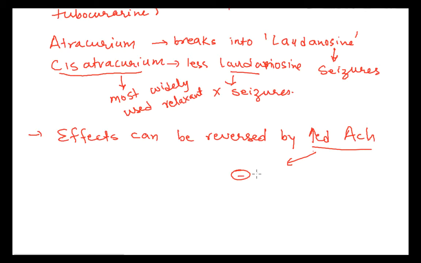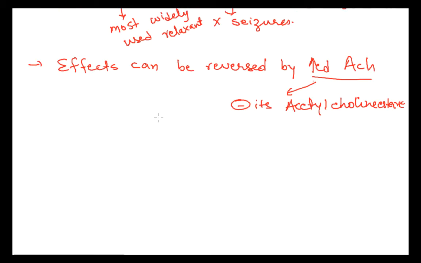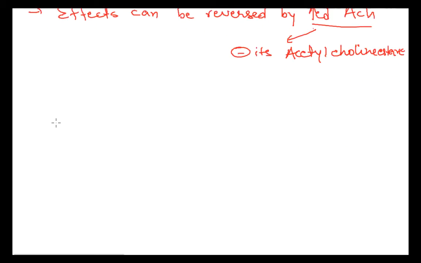By inhibiting acetylcholinesterase. If you inhibit acetylcholinesterase, you basically increase the acetylcholine concentration at those points, right? So acetylcholinesterase inhibitors like neostigmine and physostigmine can be used to reverse the effect of neuromuscular blockers.